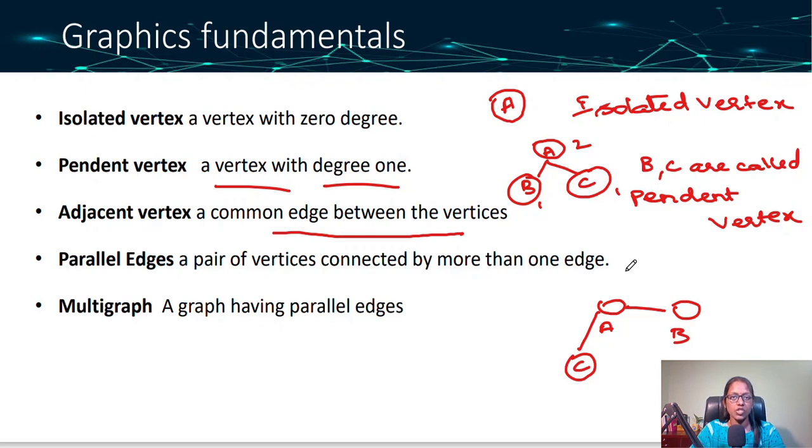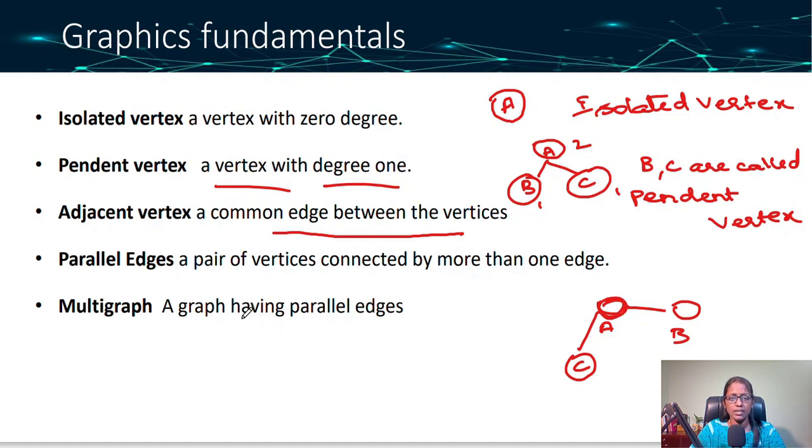Neighboring means the next house to yours, the next person. So A's neighbors are B and C, and B and C are called adjacent vertices of A.